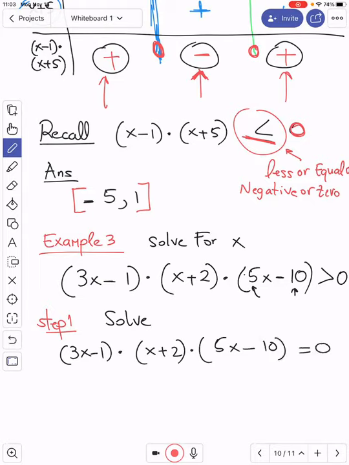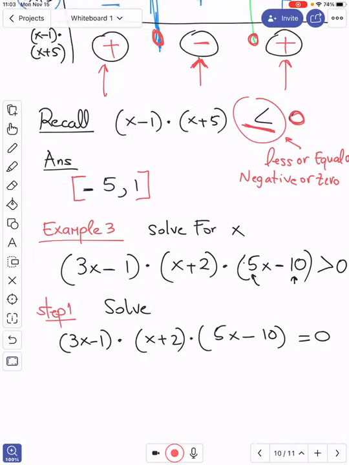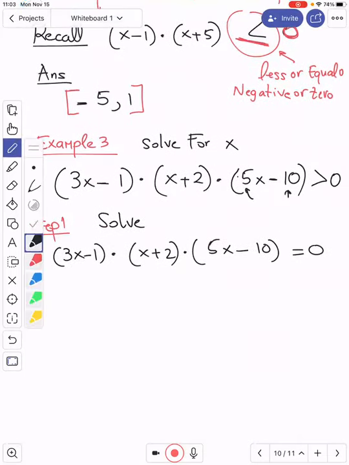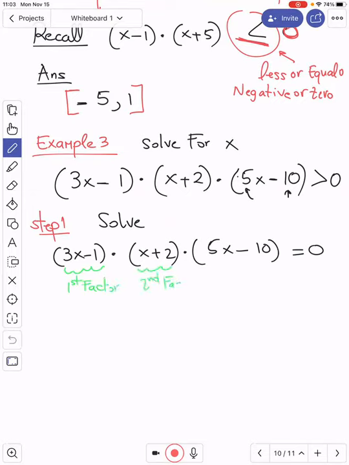Now we have 3 factors, not just 2, right? So the same thing here, because you have a product of factors equal to 0, one of the factors must be 0. This is my first factor, this is my second factor, and this is my third factor.